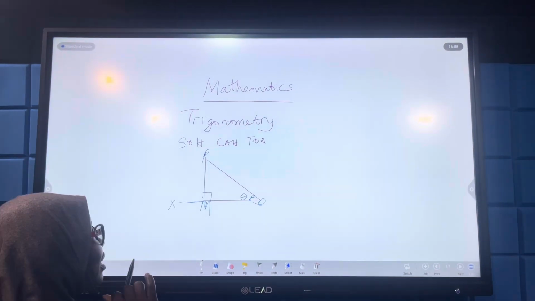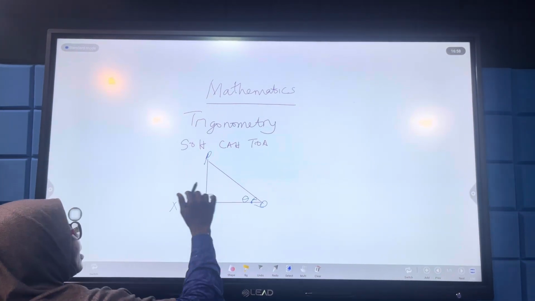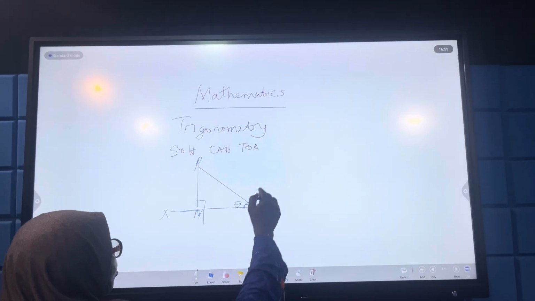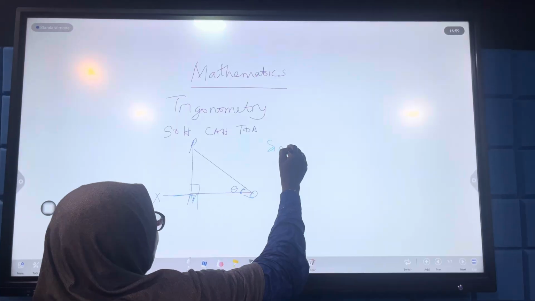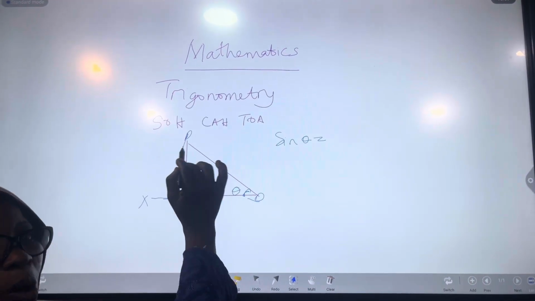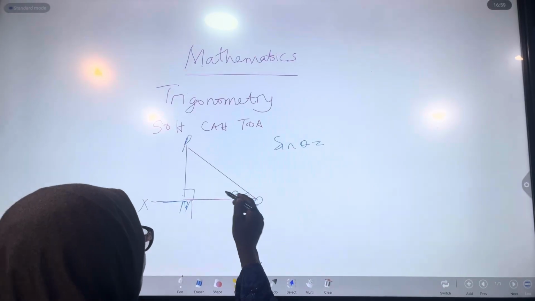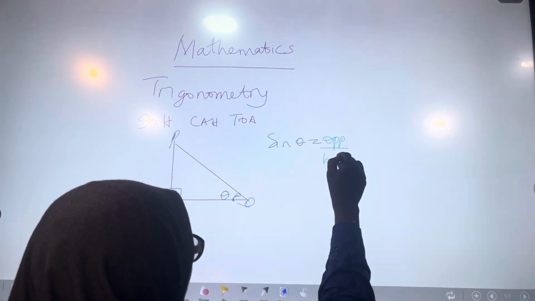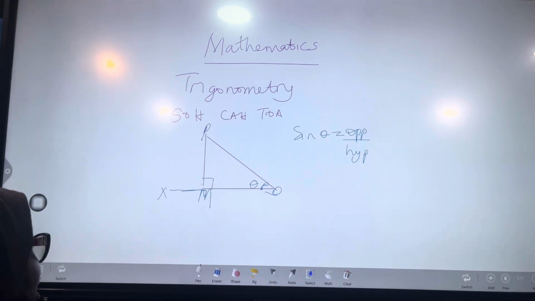If we are asked what is sin theta of this angle, how do we achieve that? We say that sin theta is equal to opposite over hypotenuse, from SOH. Let me first write opposite over hypotenuse. What is the opposite here?